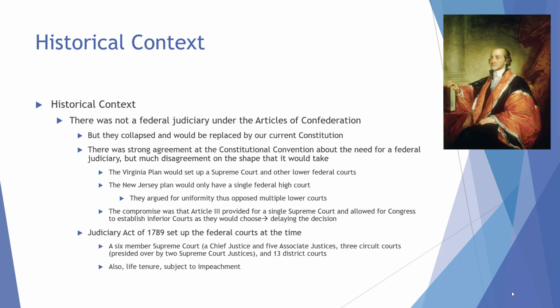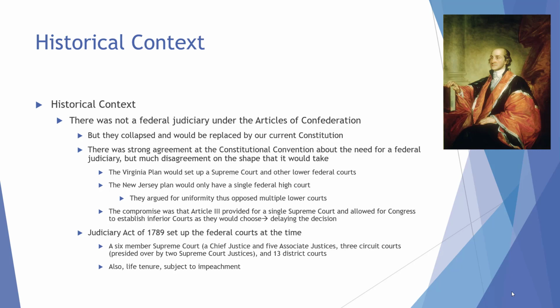Article 3, which is what creates the federal judiciary, is like the rest of our Constitution. It was born of compromises. You had a lot of different factions in the country that were competing. You had slave states and free states. Now, were there actually slaves in some of the mostly free states? Yes, at the time. Not a lot, but slavery was dying out in the North, and it was growing in the South.